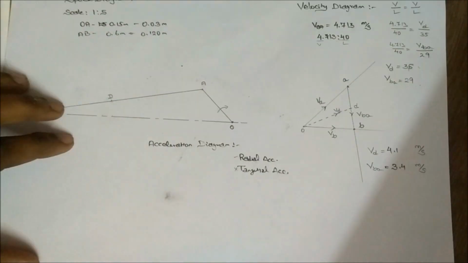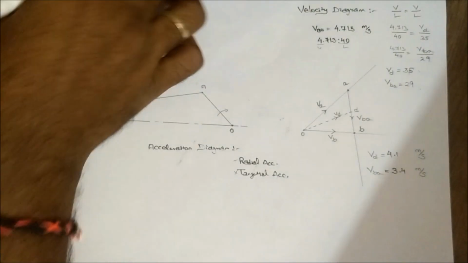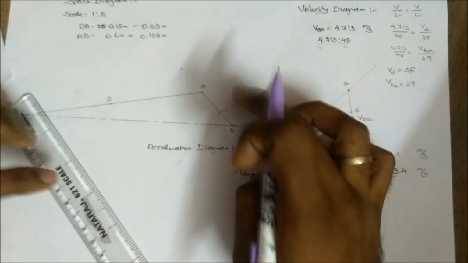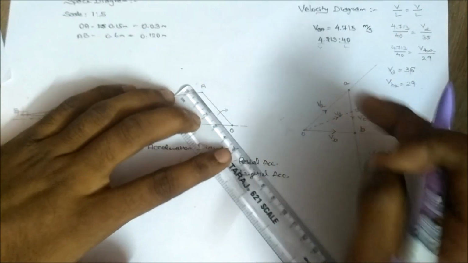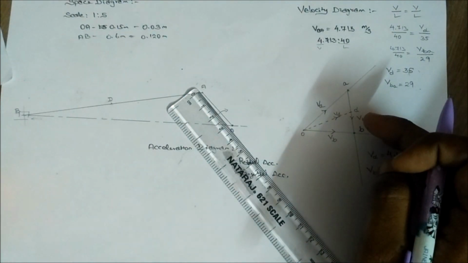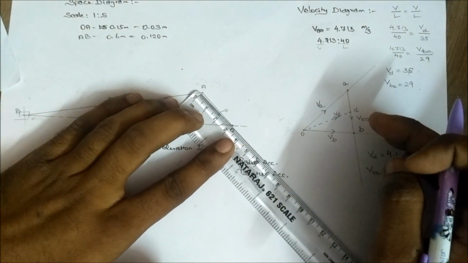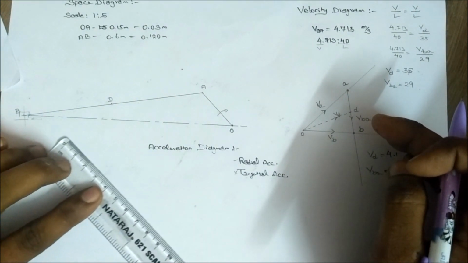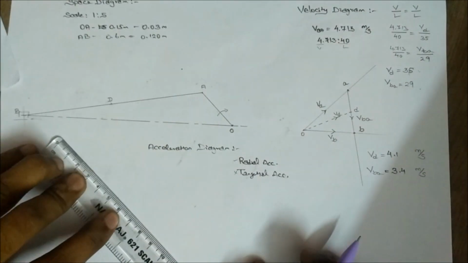acceleration diagram. Now first thing is I am going to take the acceleration of the link OA, that is the radial acceleration of the link OA. I am going to take a parallel line. I am going to take 148 mm.